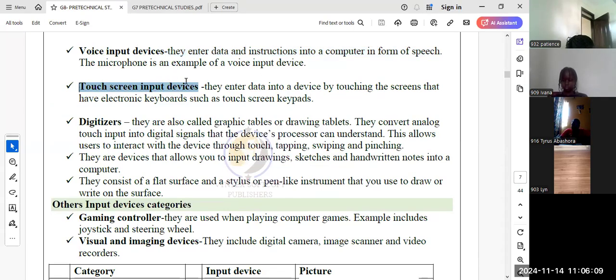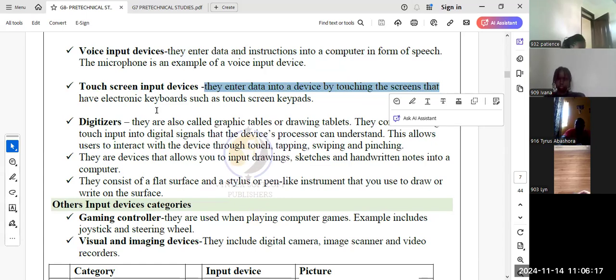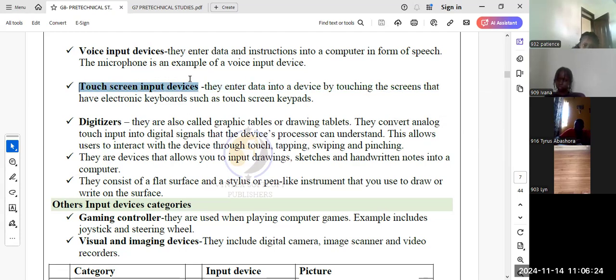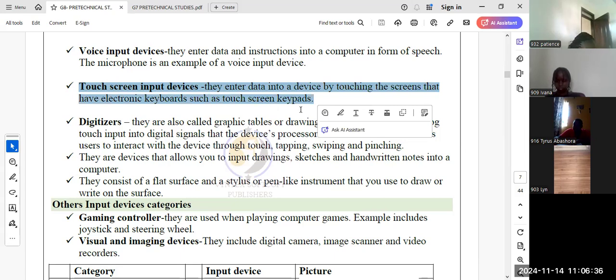Touchscreen input devices: they enter data into a device by touching the screen, which has an electronic keyboard such as a touchscreen keypad.